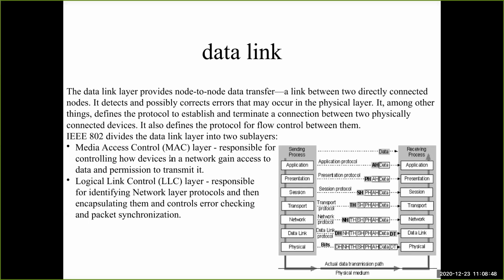This address lets me identify the particular node to which I'd like to send data and to send data there. So now, not only a group of bits is sent, but the full package will be transmitted.